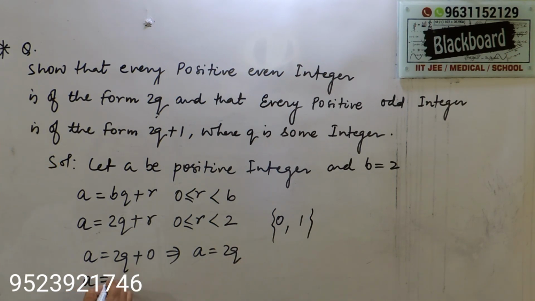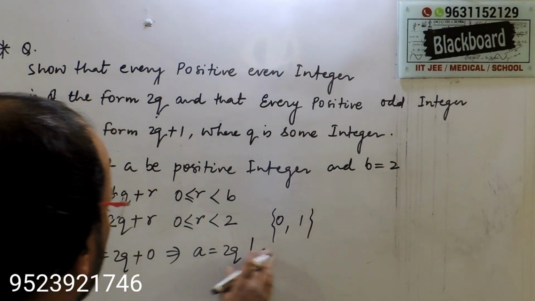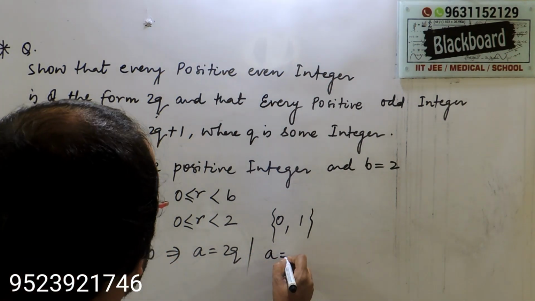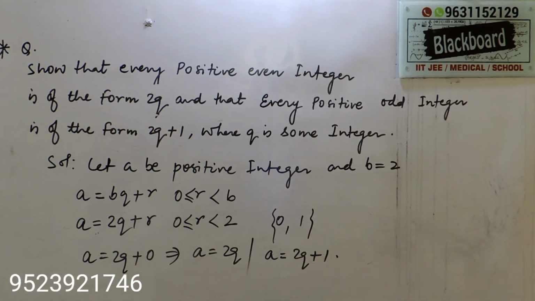And if r is 1, a is equal to 2q plus 1. If a is of the form 2q then a is an even integer, and if a is of the form 2q plus 1 then it is an odd integer. Therefore any positive odd integer is of the form 2q plus 1 and any positive even integer is of the form a equals 2q.